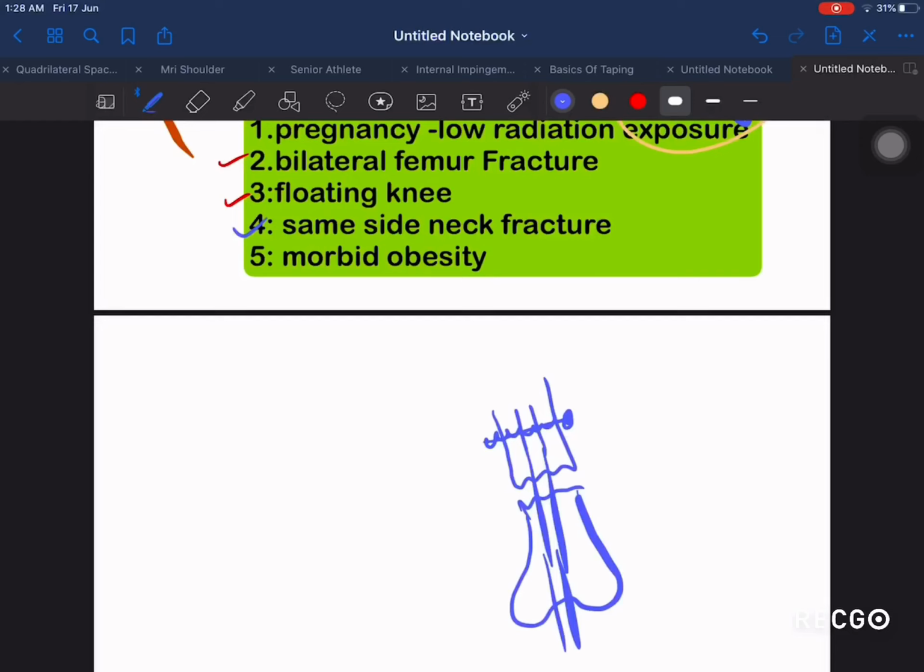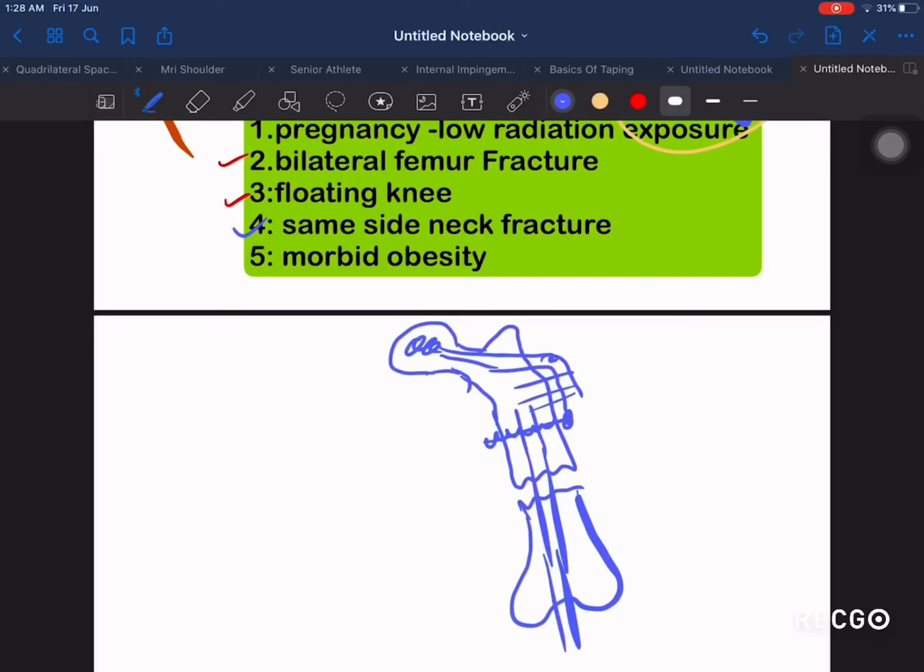And for this neck part, don't go with the drawing, for the neck part we can put a dynamic hip screw. We can go for the DHS. This way we can treat it.